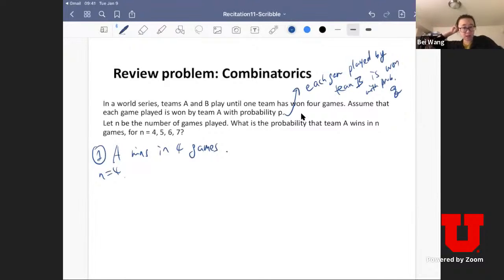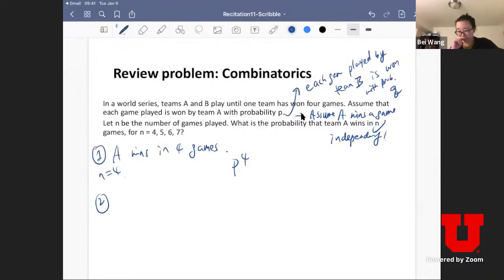We assume that A wins each game independently. So if it wins 4 games, each time with probability P of winning, then the probability of A winning 4 games is P to the power 4.